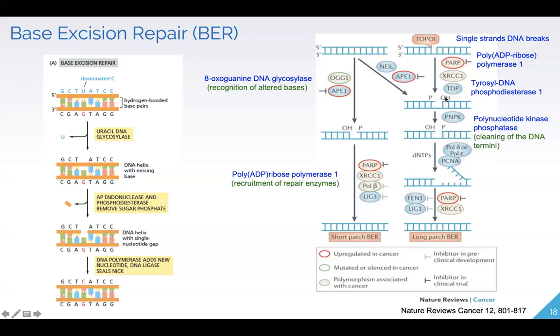So you have a reverse orientation, and these cannot be simply ligated, right? For ligation to happen, you need a 3' hydroxyl and a 5' phosphate group.